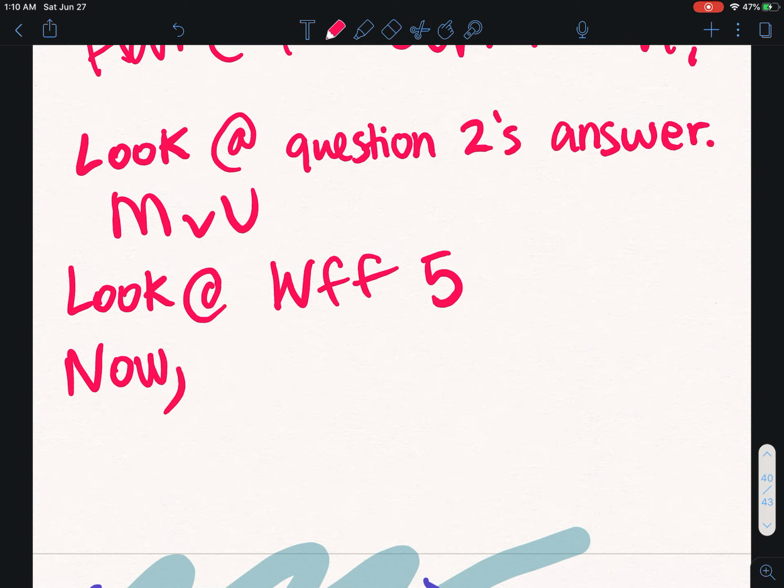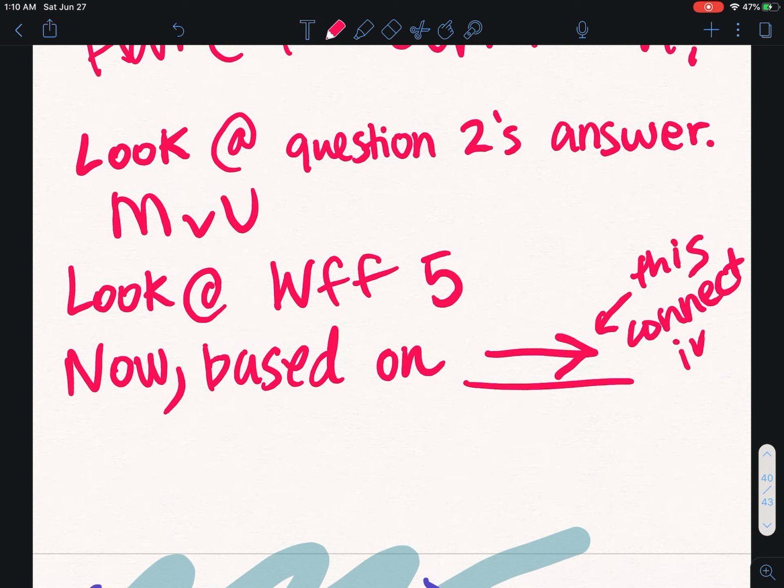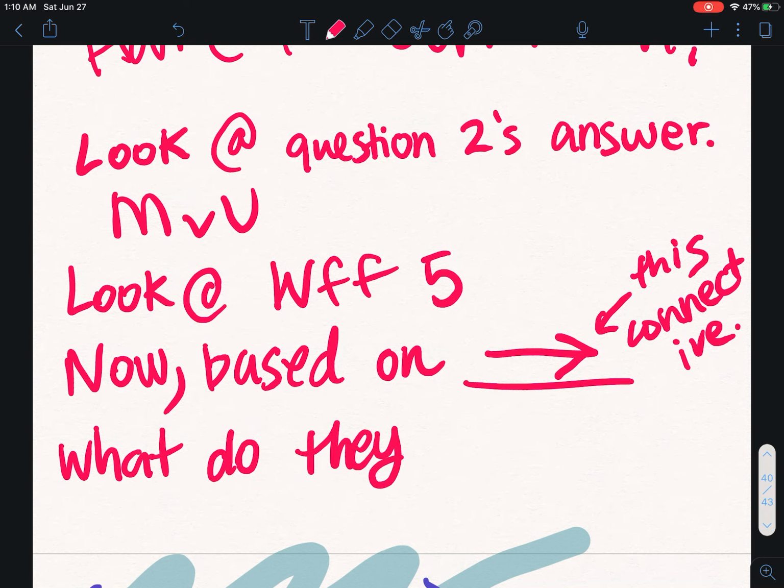Now, based on this connective, what do they produce?